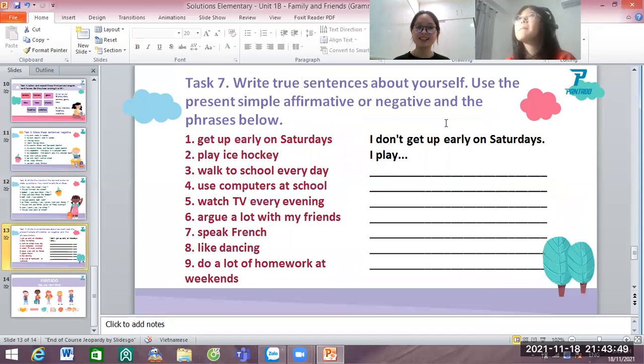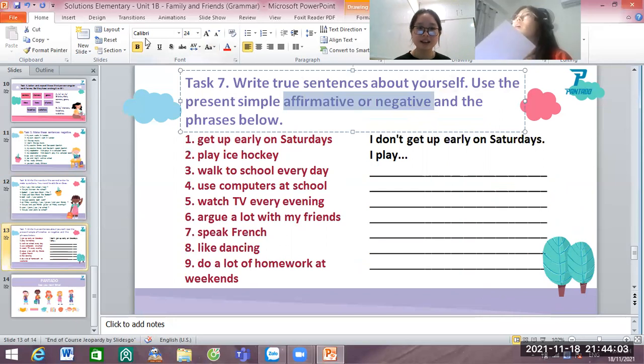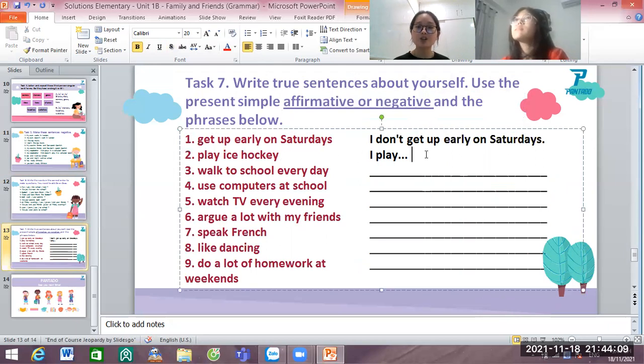Okay. We're gonna do the last task, which means you are going to write 2 sentences about yourself. Okay, and then you use the present simple affirmative or negative in the phrases below. Which is true for you?